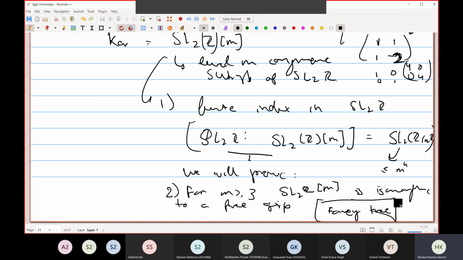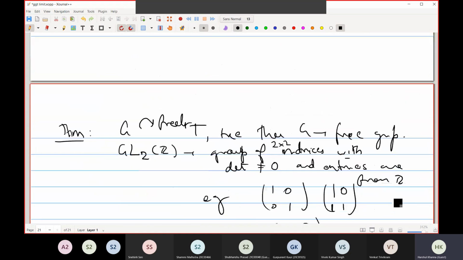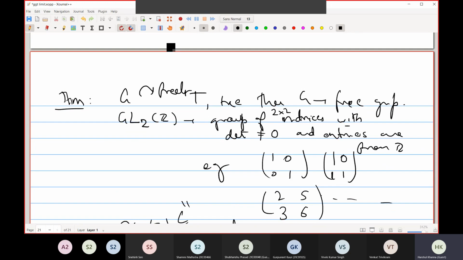One more thing to mention. Sometimes you don't get this condition of acting freely. However, you get some less strong conditions. If it's isomorphic to a free group, you're essentially giving it a presentation with generators and no relators.